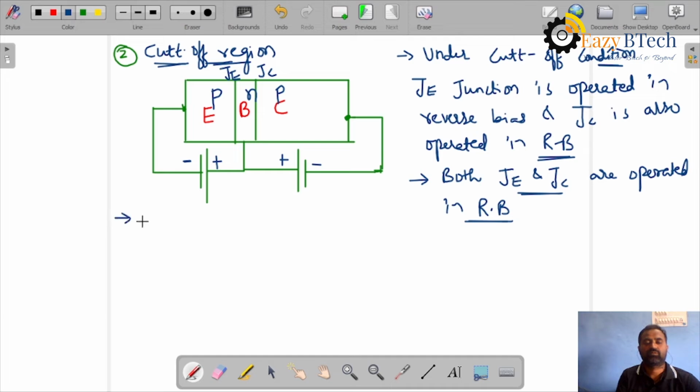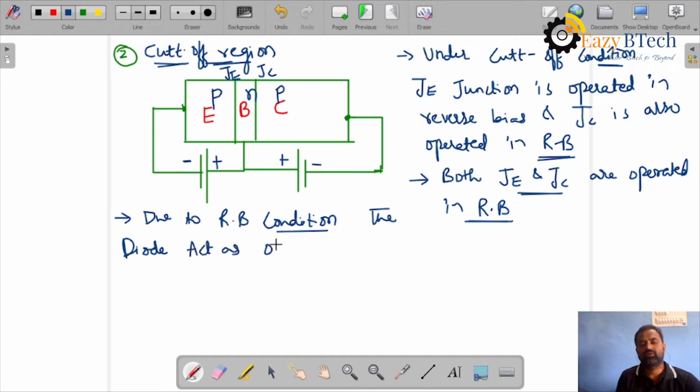Due to the reverse bias condition, the diode acts as an off switch, that is, across JE off switch and across JC off switch.